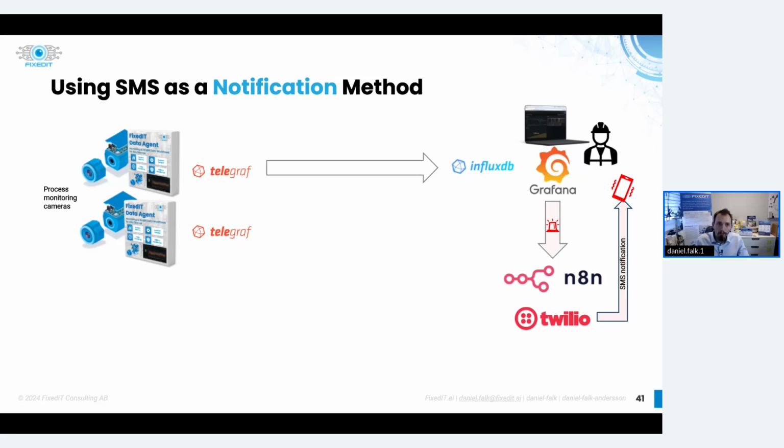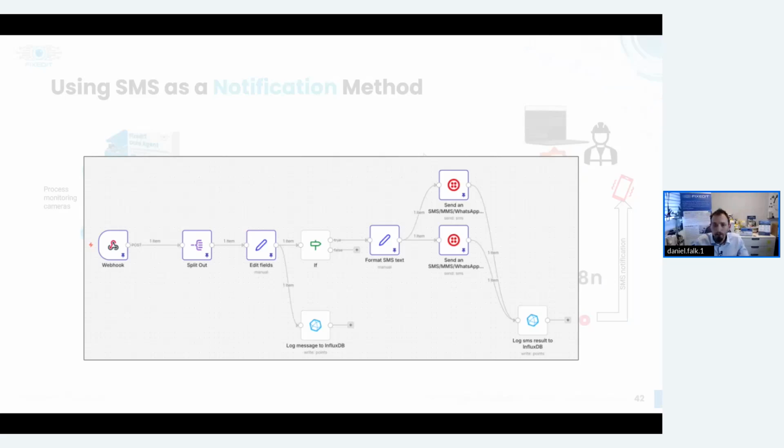So Twilio is a web-based service for sending SMS messages from an API. And the reason we use N8N in this case was that the customer wanted to have a no-code solution that is easy for them to manage and modify. So the way this looks is essentially that there is a webhook created in N8N, a webhook input.